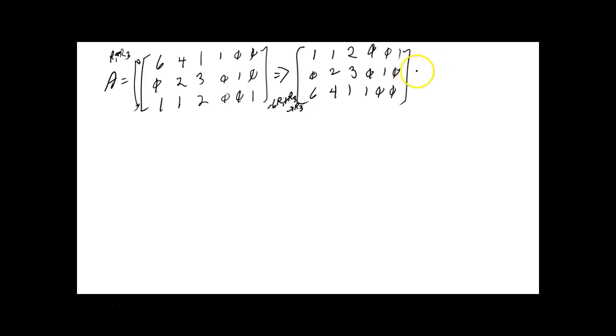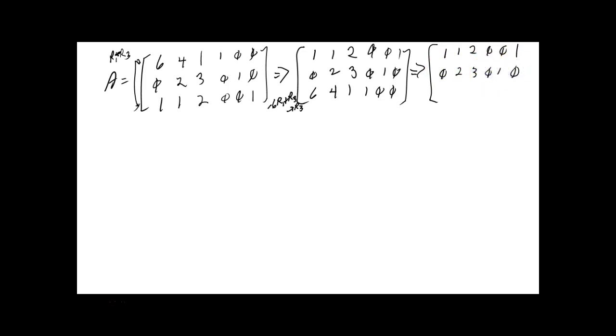Okay, let's see if we can squeeze it in over here. Now this wouldn't change the determinant if you were keeping up with it at all, because you're just adding a multiple of one row to another row. So the top row stays the same, 1, 1, 2, 0, 0, 1. Second row stays the same, 0, 2, 3, 0, 1, 0.